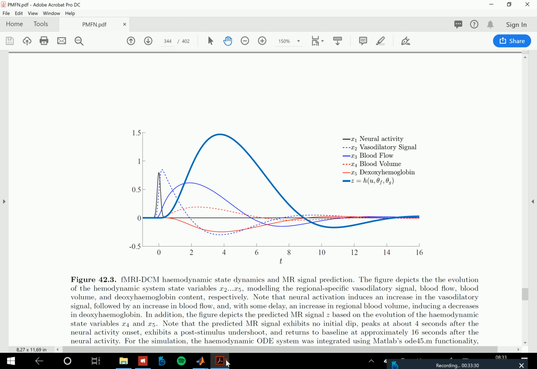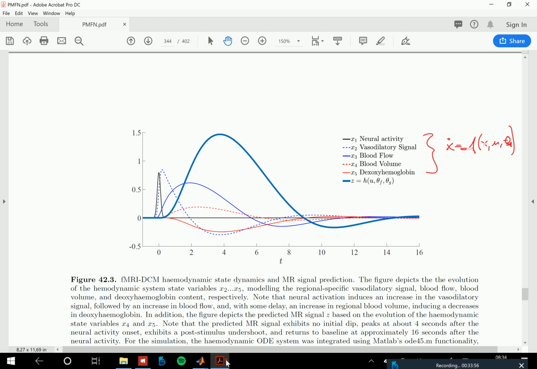The question is, which of those are observed? Are they all observed? No, actually none of them are observed. So these are all the latent states. So this is our f, x, u, theta, f. None of the x states are observed. We haven't talked about that yet, but they are all latent.